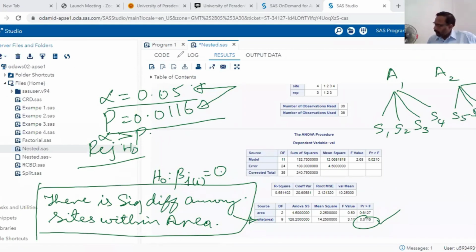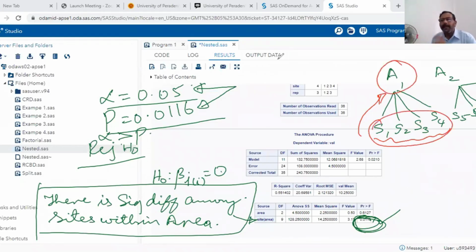Now, what I explain is, here, I am comparing only these sites within this area. I cannot cross and test with the other area. So within A1, I can test whether there is any difference between S1, S2, S3, S4.